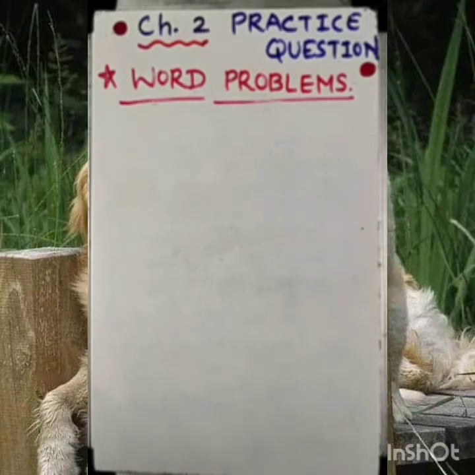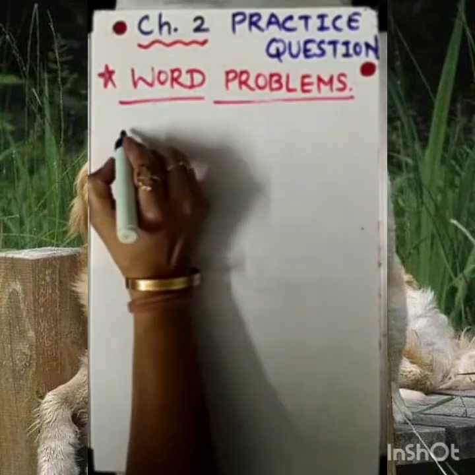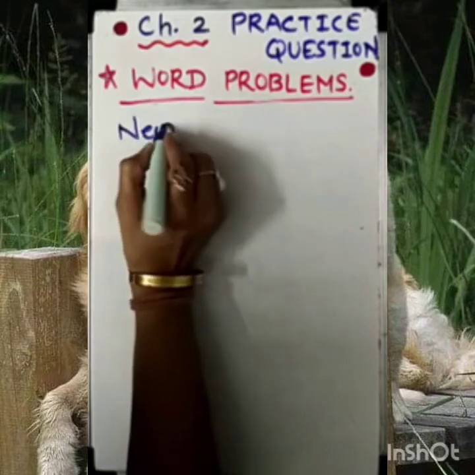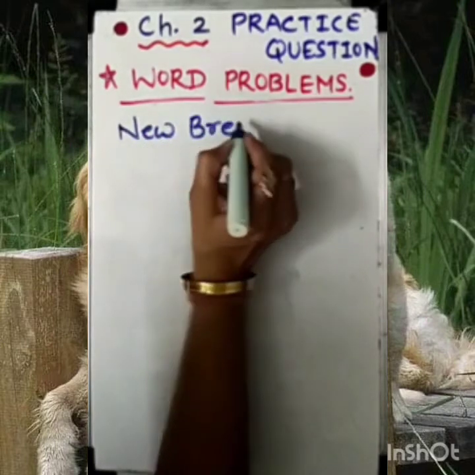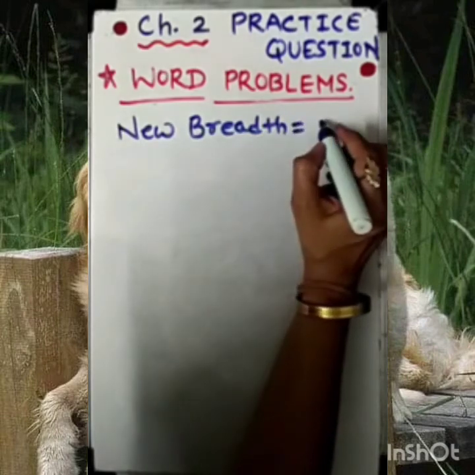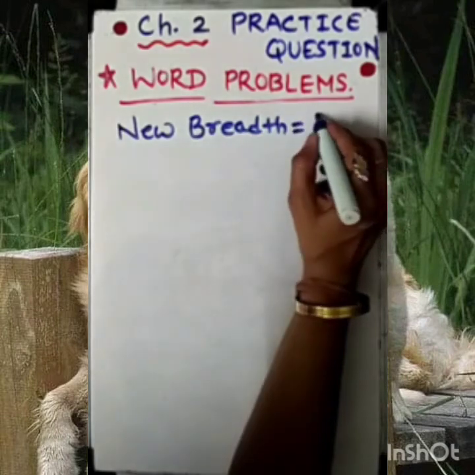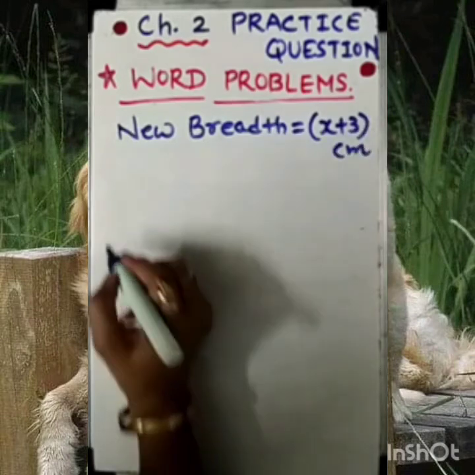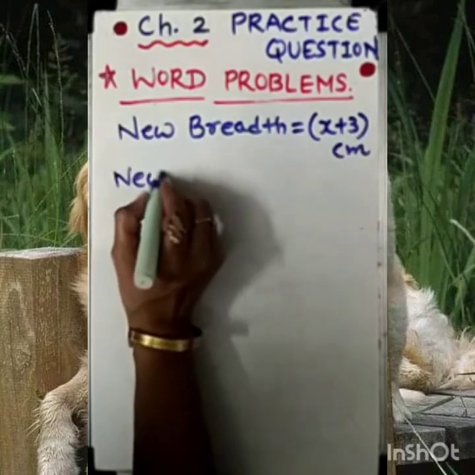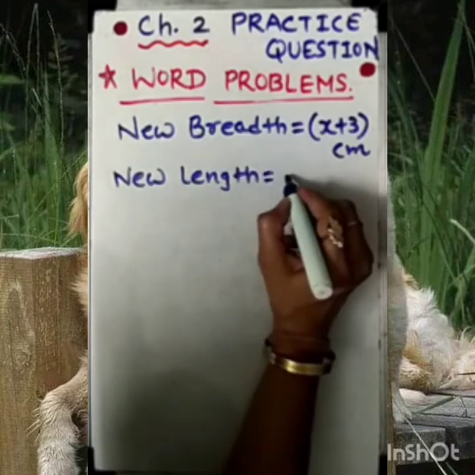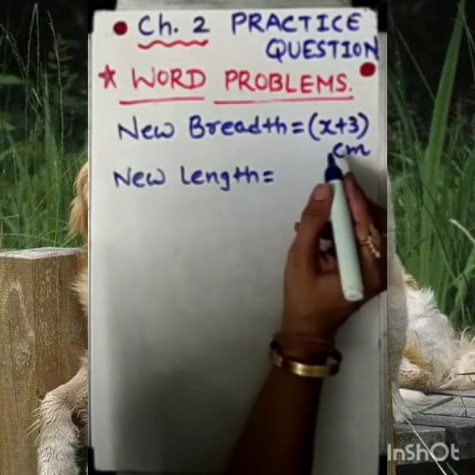According to the question, the breadth of the new rectangle, we will call it new breadth, is 3 centimeter increased from the original. So it is x plus 3 centimeter. Now the new length also. We are given it is 12 centimeter increase.